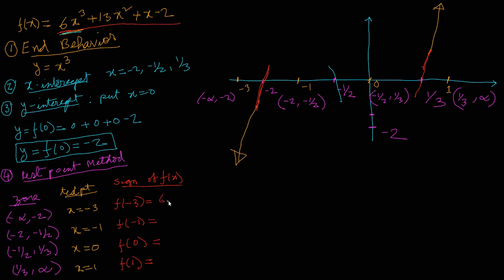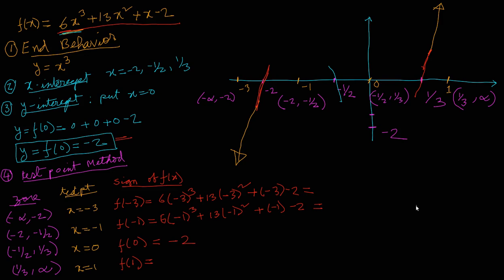So it is 6 multiplied by -3 cubed plus 13 times -3 squared plus x, which is -3, and minus 2. Then for function of -1, it will be 6 multiplied by -1 cubed plus 13 times -1 squared plus -1 minus 2. Function of 0 we just saw is -2, and function of 1 is done the same way.